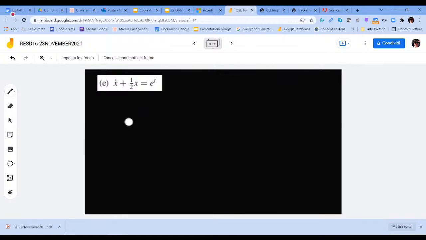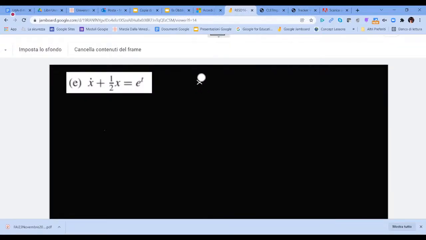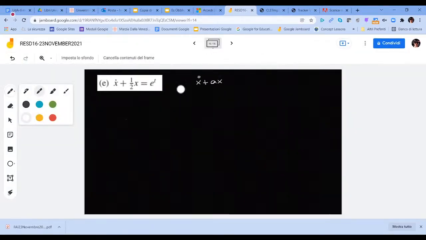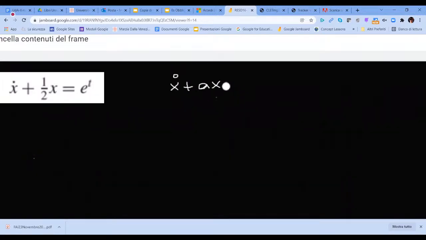That is this type, x dot plus ax equals to something that is not a constant and depends on t.